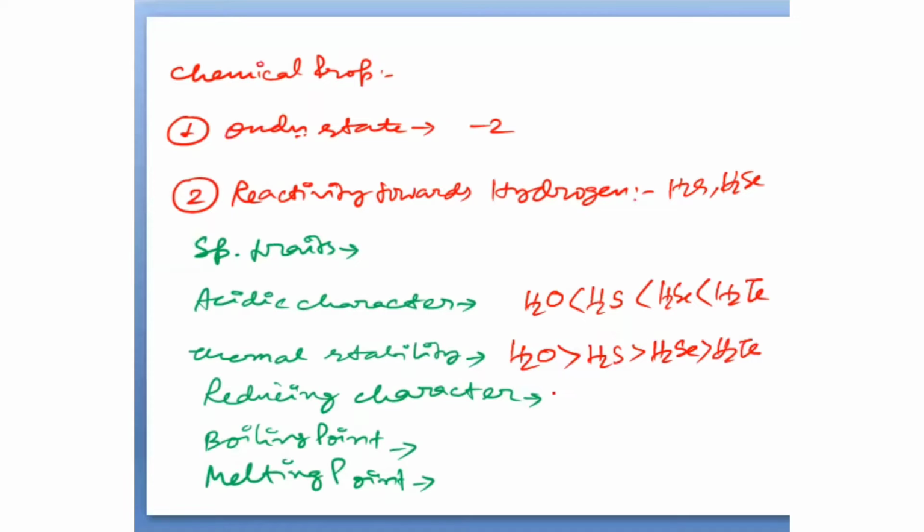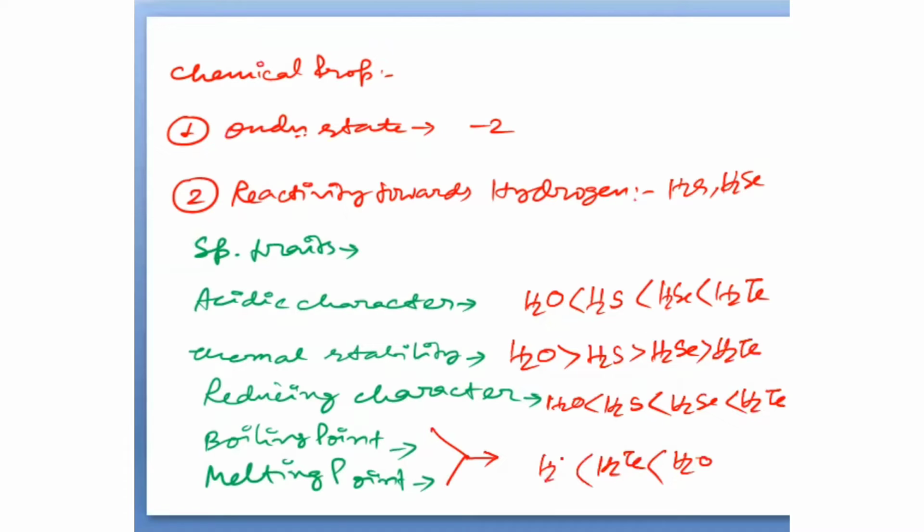Now the reducing character follows the same order as our acidic character. That means H2O is less than H2S, less than H2Se, less than H2Te. Now there is a same trend in the melting point and boiling point of these hydrides, but what we are going to see is an exceptional order, that is H2O greater than H2Te greater than H2Se greater than H2S.